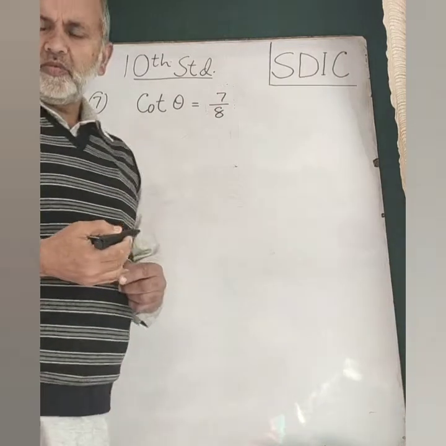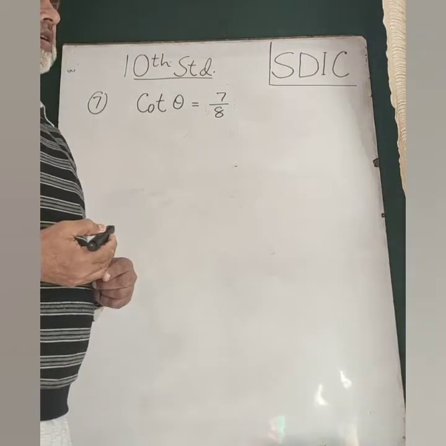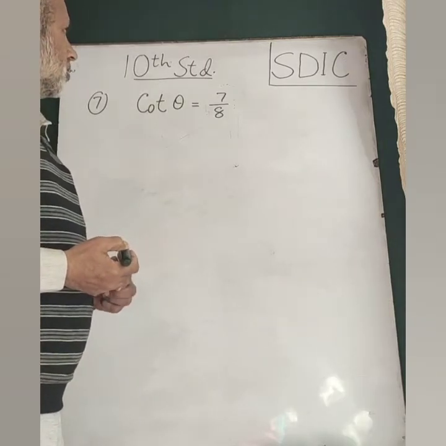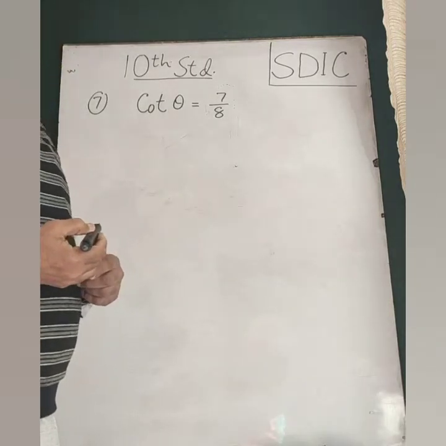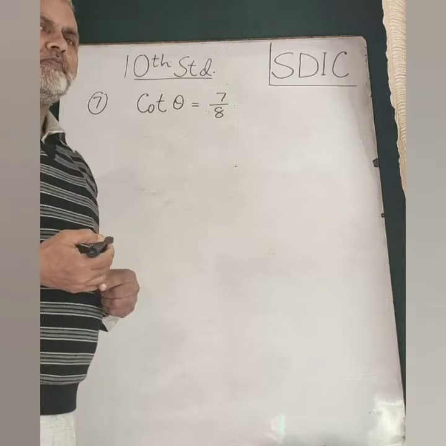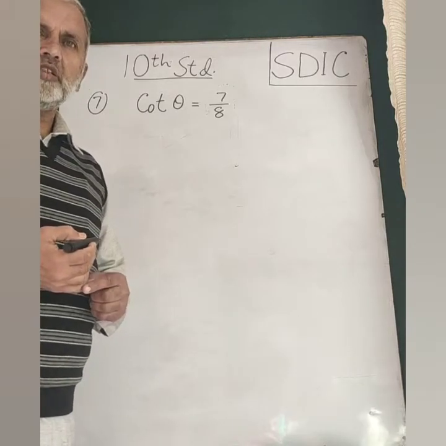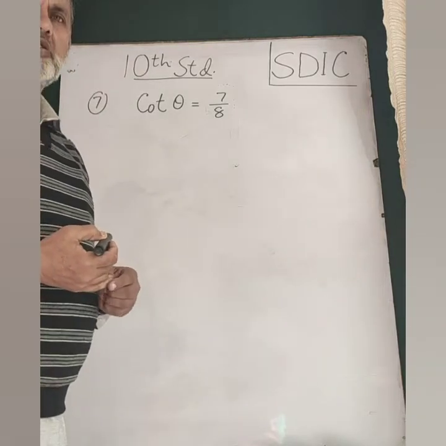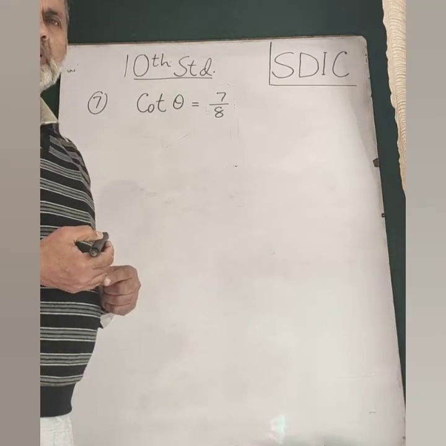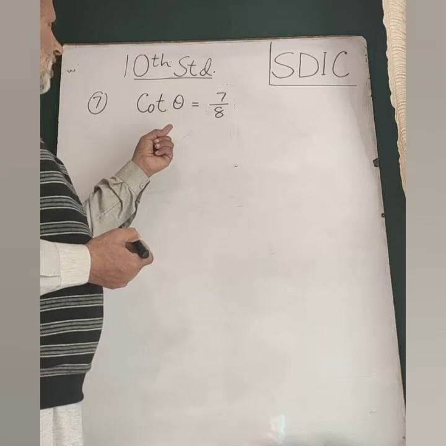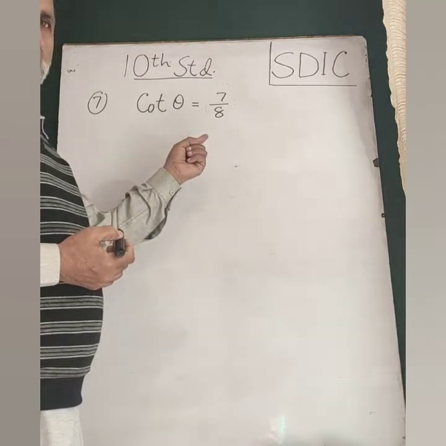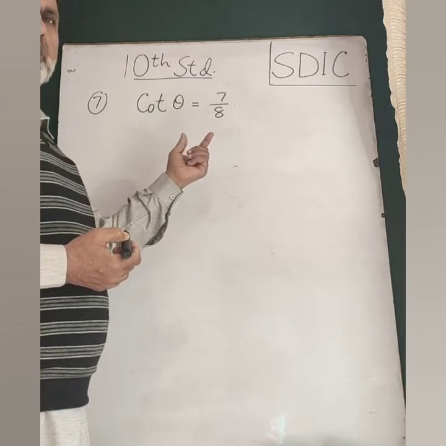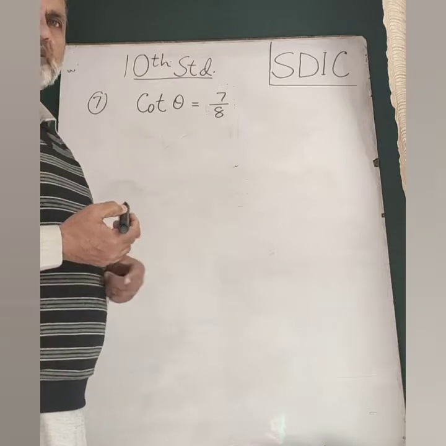Now, as usual, we'll draw the rough diagram, a right triangle, and then out of the 3 sides of the right triangle, measures of 2 sides we'll get indirectly from this given trigonometric ratio, cot, by using definition.